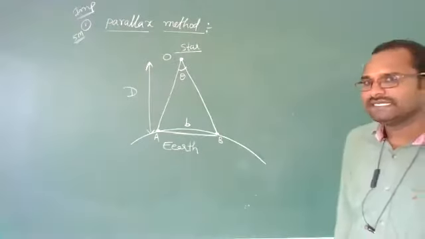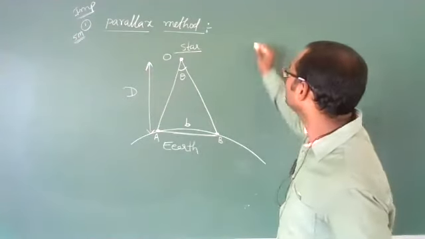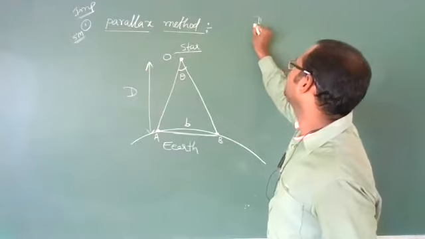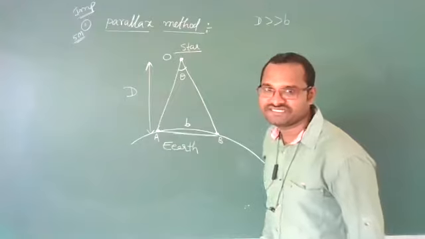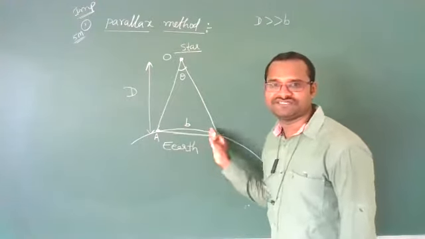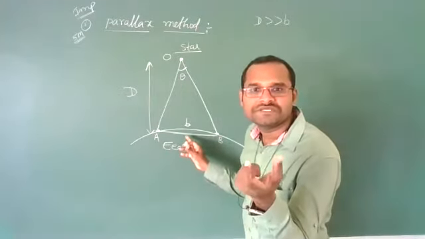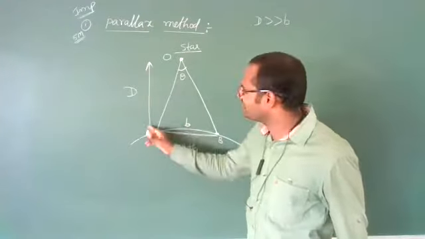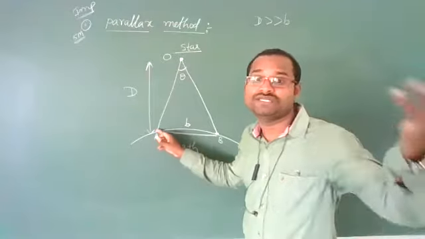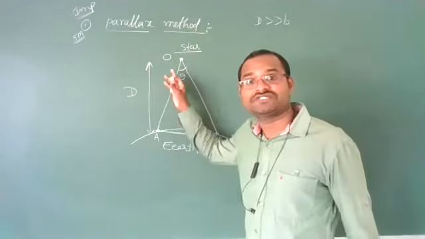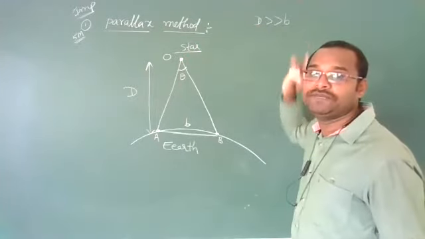It will be very large in comparison to B. Yes, definitely. The distance between the two reference points A and B on the surface of the earth will be very small, in terms of meters or kilometers, whereas this distance is thousands of kilometers. Even from the sun to the moon, there are thousands of kilometers. If you take a star, it is still more. So capital D is very large in comparison to B.